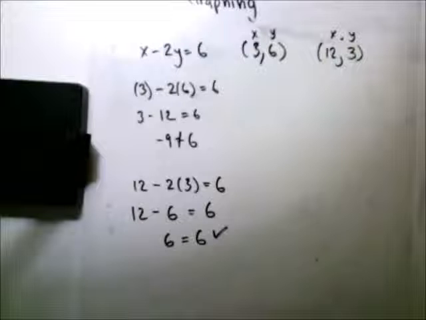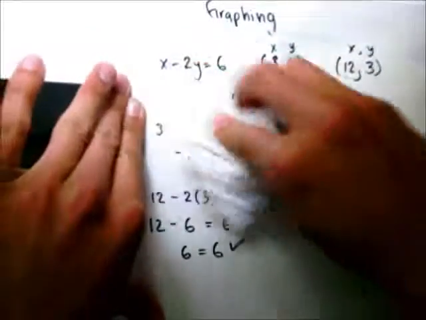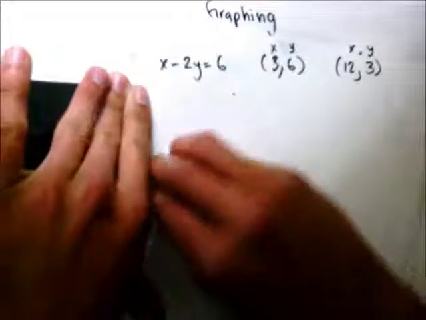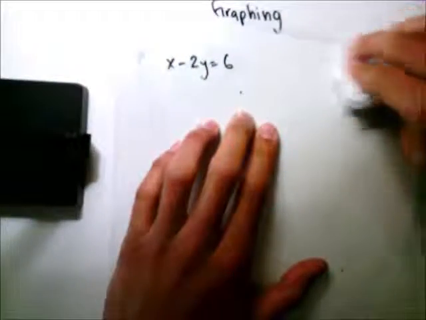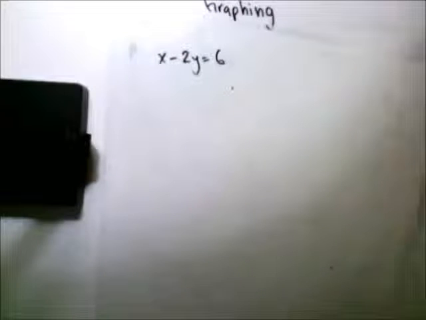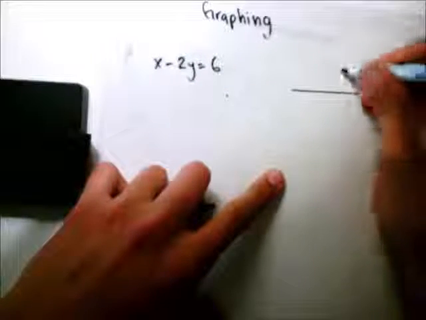Alright, next we'll look at completing a table of values. We'll continue with the same example, x minus 2y is equal to 6, and we're going to complete the table for this.